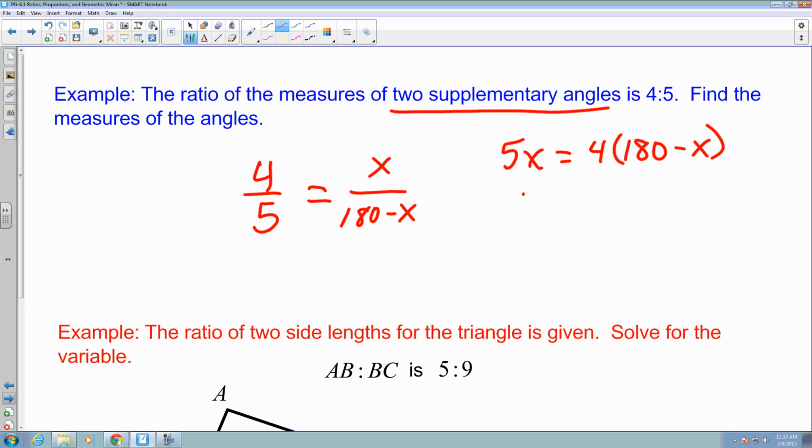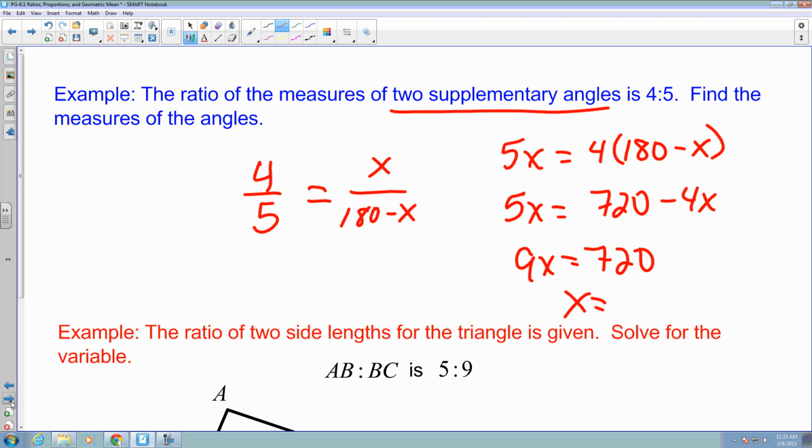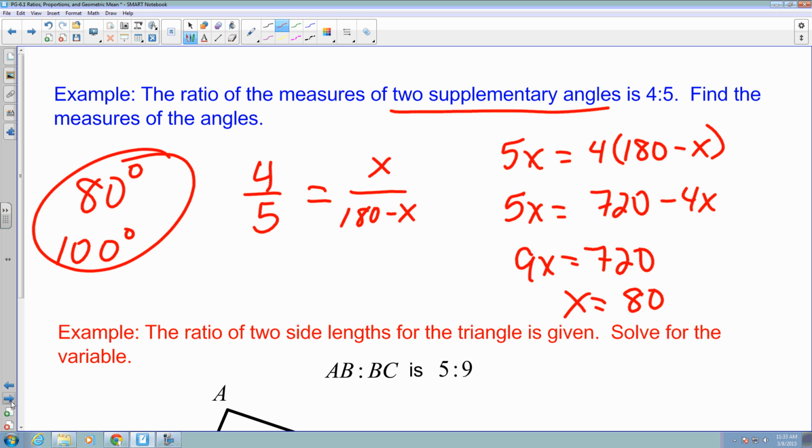I distribute that, I get 5x equals 720 minus 4x. I add 4x to both sides, so I get 9x equals 720, and dividing both sides by 9, x equals 80. So one angle is 80 degrees, and 180 minus 80 is 100 degrees. If you plug those into a proportion, it would in fact be the ratio of 4 to 5.